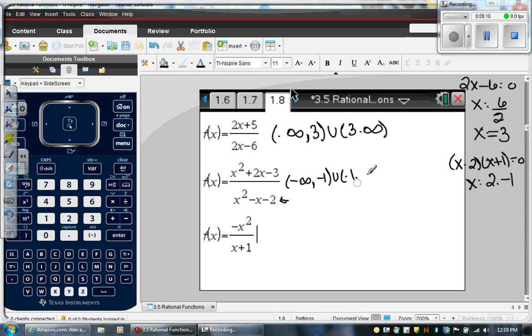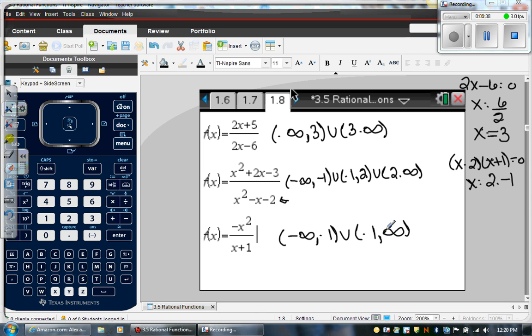Union negative 1 to 2. Union 2 to infinity. There's my domain. Then this last one, if I look in the denominator, what's going to make this function undefined is a value of negative 1. Negative infinity to negative 1, union, negative 1 to infinity. Okay? So there's the domain.